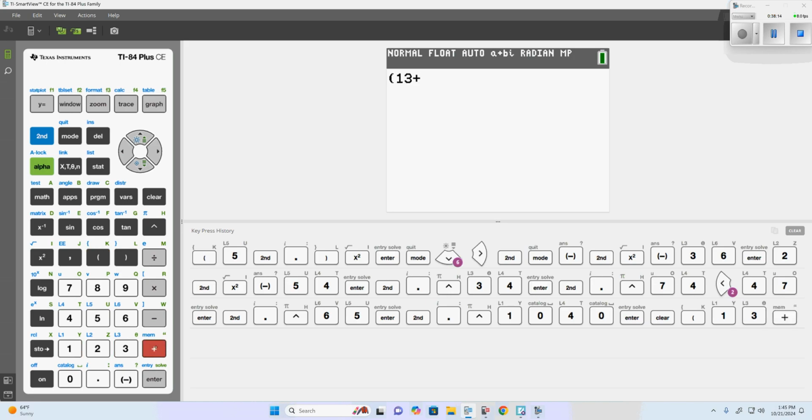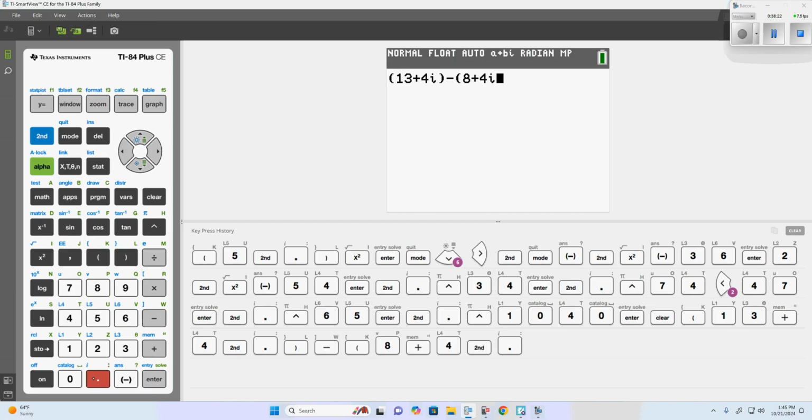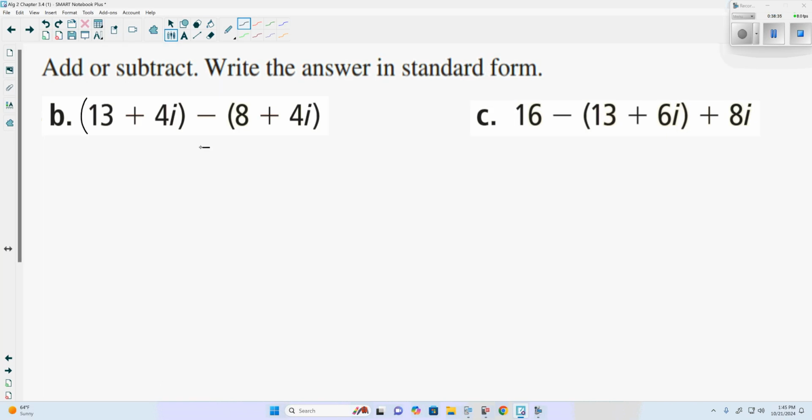Well, let's see. 13 plus 4i minus 8 plus 4i is 5. So yes. With this here, we can type this straight in.